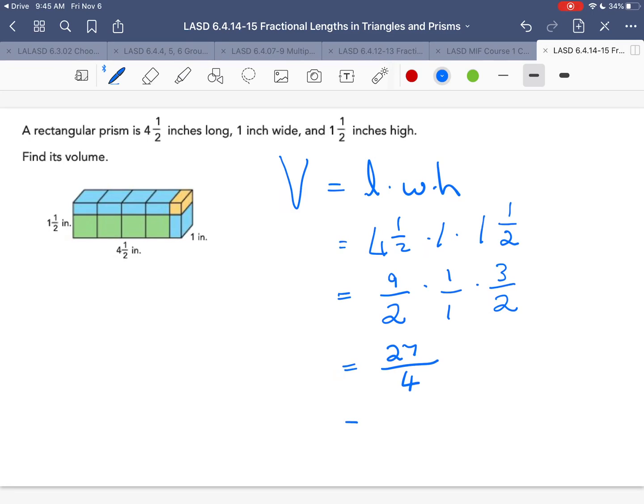And so I can write this as an improper fraction, or as a mixed number, which would be 6 3/4, or I could leave it as 27/4, because we're not asked to actually make a mixed number. But 6 3/4 inches cubed, because it's volume, it's cubed.